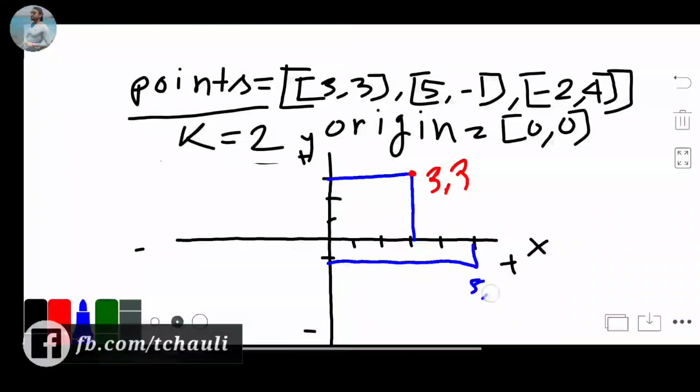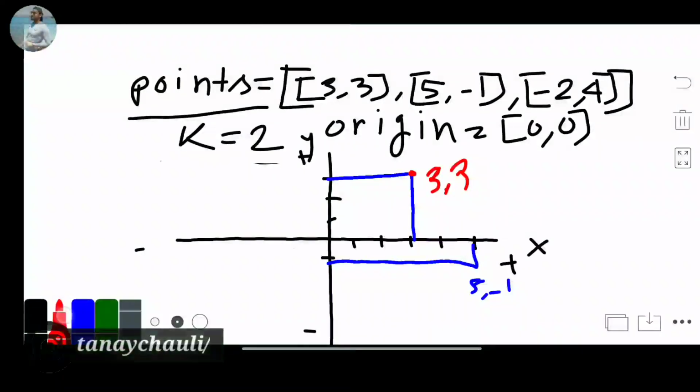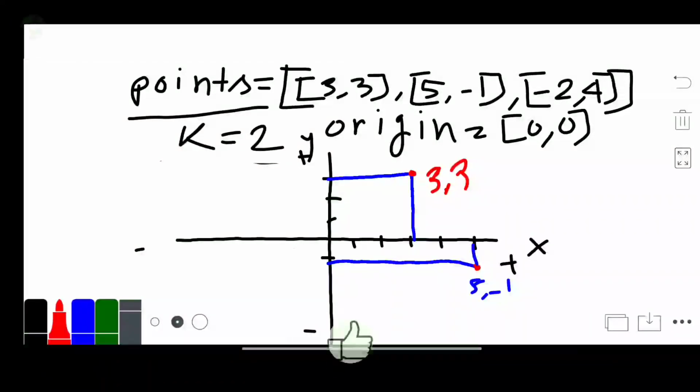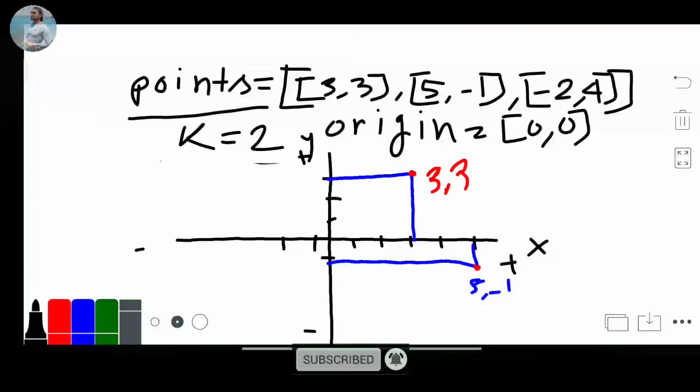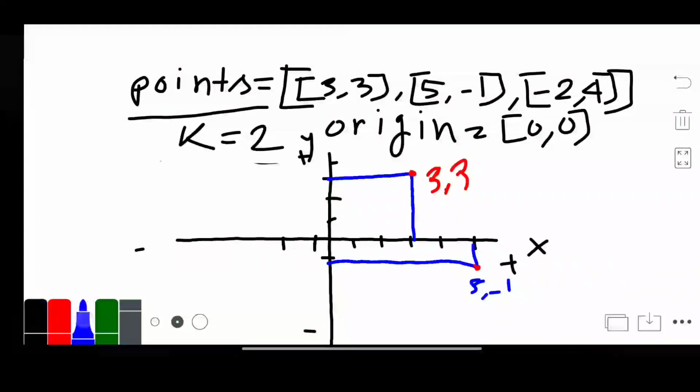Now our next point is (-2, 4): minus 2, then 1, 2 and 4. So our next point is this one, (-2, 4). Okay, now we have plotted all these points.